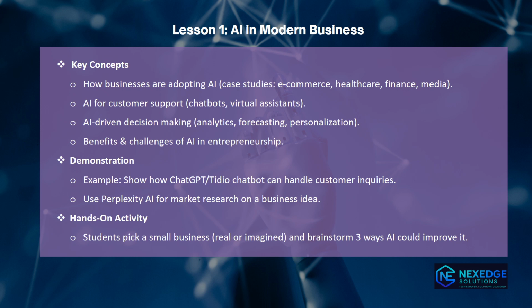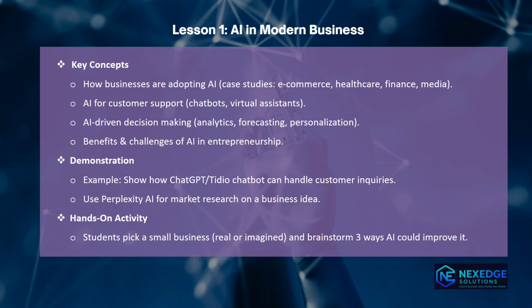Secondly, AI for customer service. In business, AI is being used for customer service, such as chatbots and virtual assistants. So this is how AI is being used for businesses.